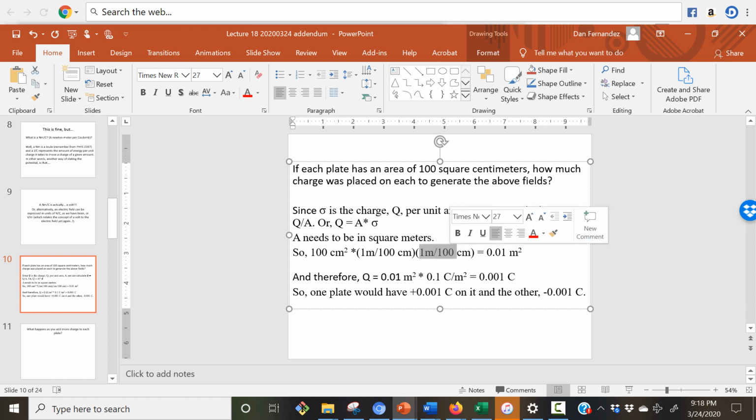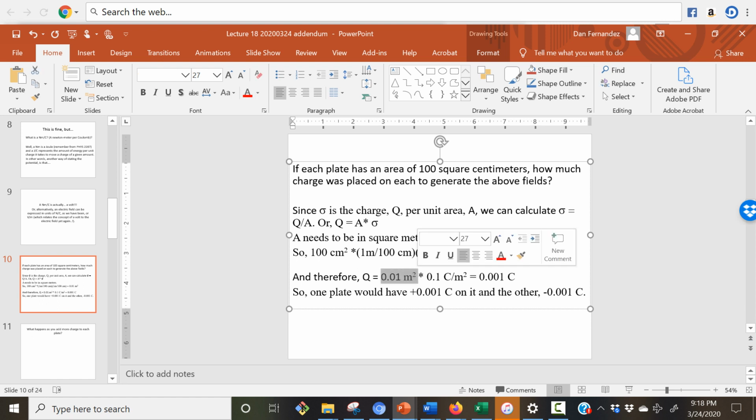That is going to give you a result of 1/100th of a square meter as the area of one of the plates. Then if I take that area of the plate and multiply it by the charge density that's given in the earlier problem, I'm going to get the overall charge. And that charge is going to be 0.001 coulombs, because what I'm multiplying is the 0.01 square meters by the 0.1 coulombs per meter squared.